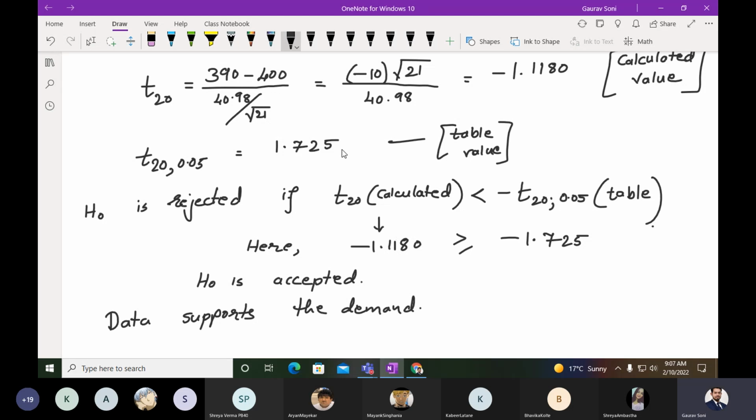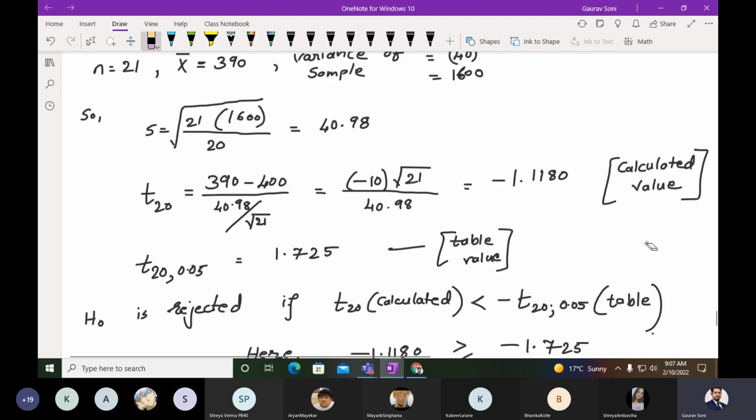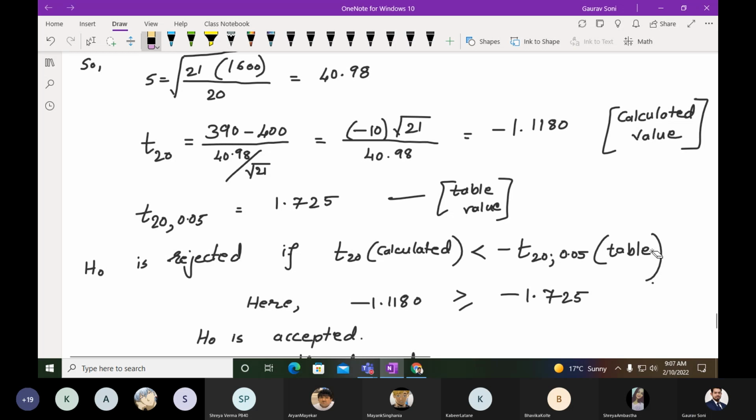Why are we accepting even if the calculated value is greater? Can anyone give the logic or not? We are doing the calculations on the negative side. Remember that when I was explaining, I was talking about the right hand side of the bell shaped curve.